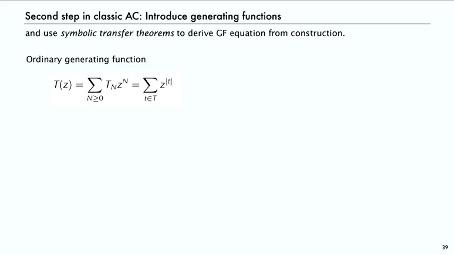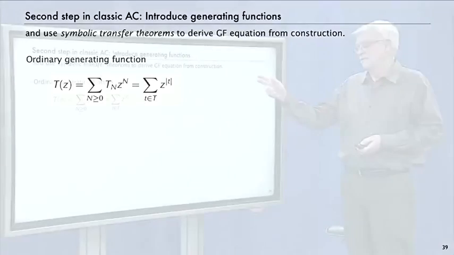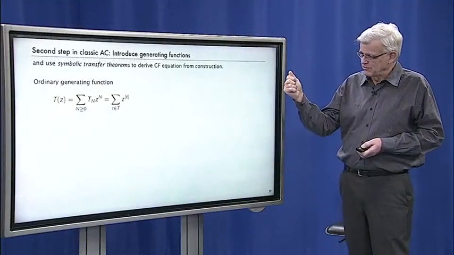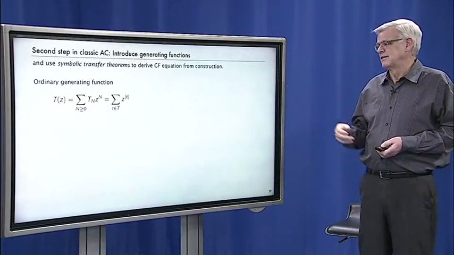We sum over all sizes the number of objects of a given size times z to the n, where z is a synthetic variable. And by the way, that's exactly equal to summing over every tree z to its size, because for all the trees of size n, there's one term, and that gives t sub n.